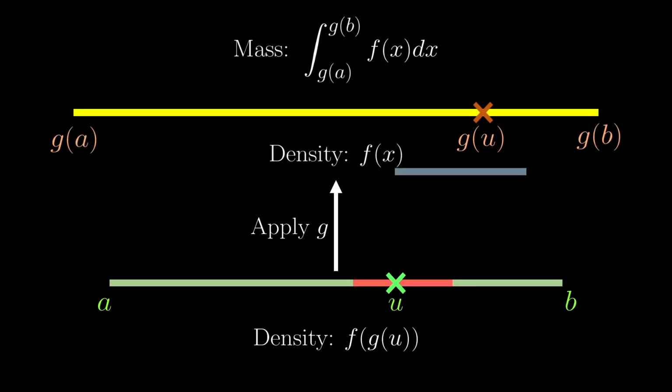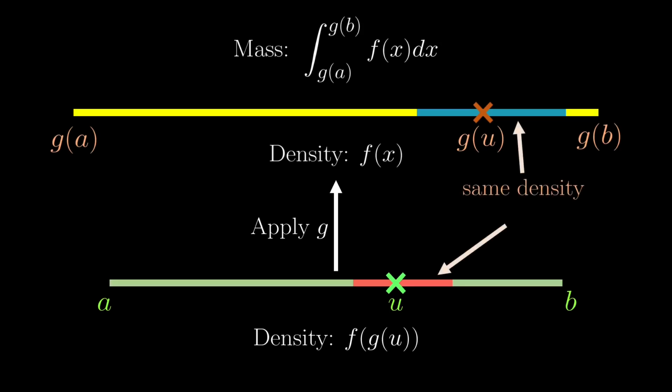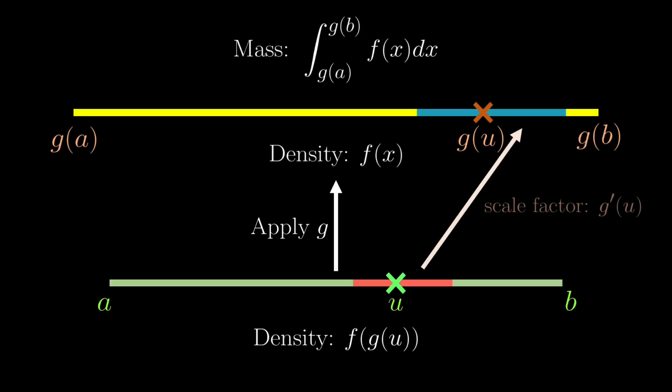It's mapped to some little rod containing g of u. These two little rods have the same density f of g of u, but different lengths. How different are they? The scale factor induced by g near the point u is precisely g prime of u, so the length of the little rod scales by this factor.